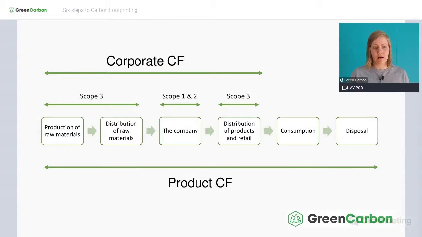So the corporate footprint covers scope 1, 2, and 3. And if you are now wondering, okay, should I calculate the carbon footprint of my company or a product? It depends on the goal of your calculation process.